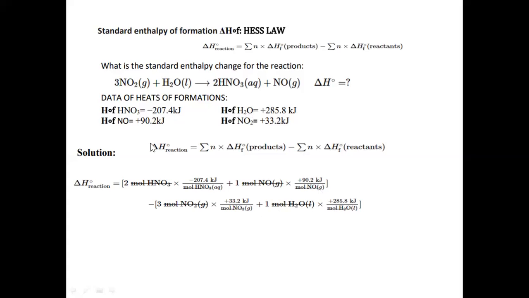So further simplifying, the whole quantity gives us this: 2 times negative 207.4 kilojoules plus 1 times 90.2 kilojoules minus the whole quantity, or distributing the minus sign, minus 3 multiplied with 33.2 kilojoules minus 1 times negative 285.8 kilojoules.